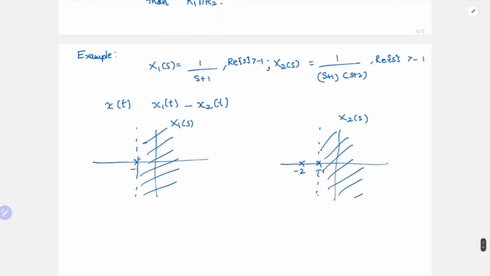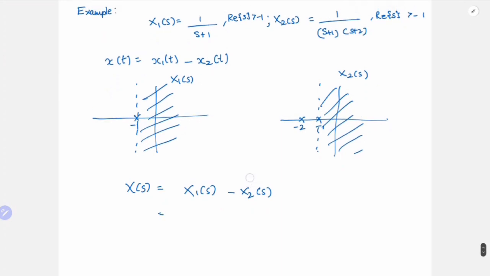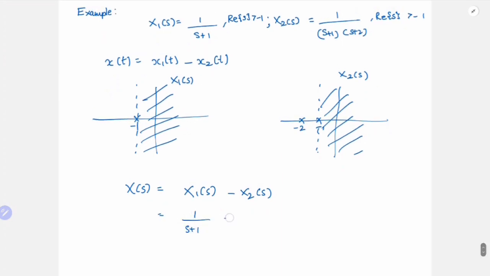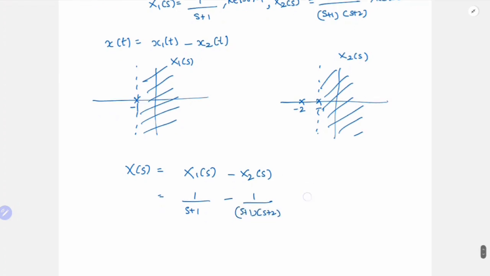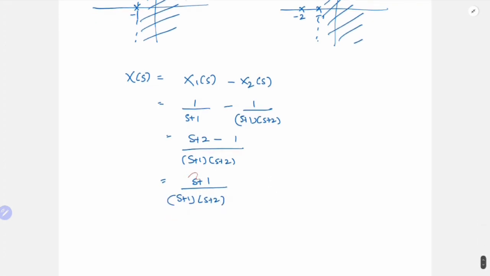Now let us take x of t equal to x1 of t minus x2 of t. So x of s will be equal to x1 of s minus x2 of s. So this is nothing but 1 by s plus 1 minus 1 by s plus 1 into s plus 2. So the LCM is s plus 1 into s plus 2, and the numerator is nothing but s plus 1 by s plus 1 into s plus 2. So now you can see the pole and zero are cancelling. Pole zero cancellation.